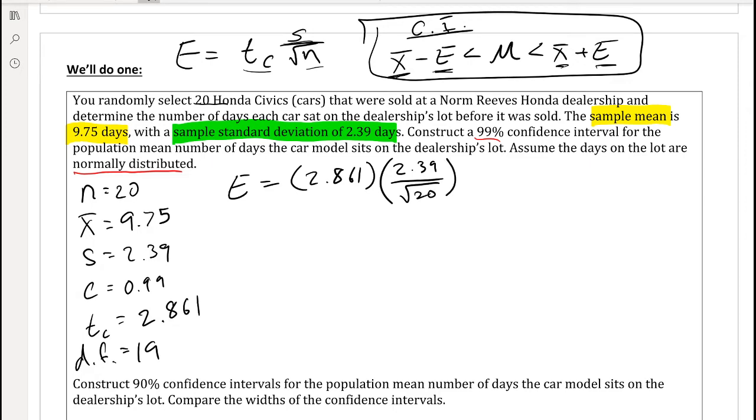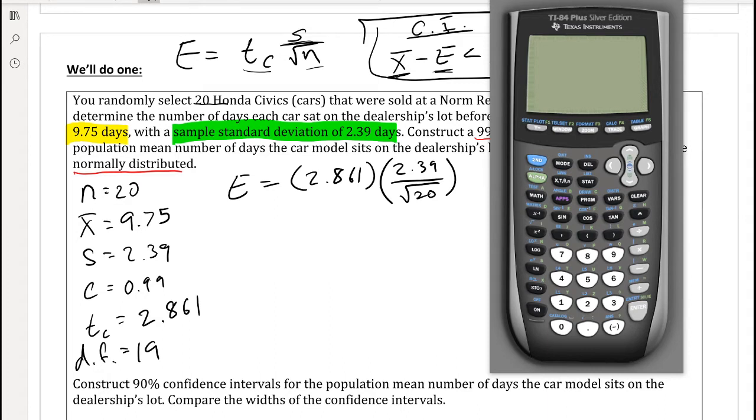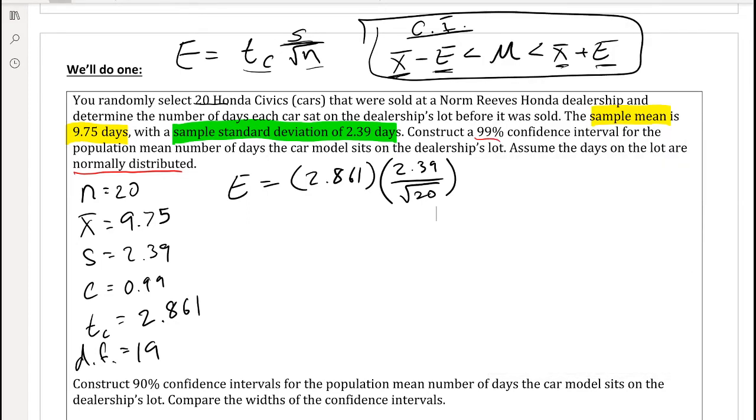Let's plug that into a calculator. 2.861 multiplied by 2.39 divided by the square root of 20 gives a margin of error of 1.529, or 1.53. That's my margin of error.